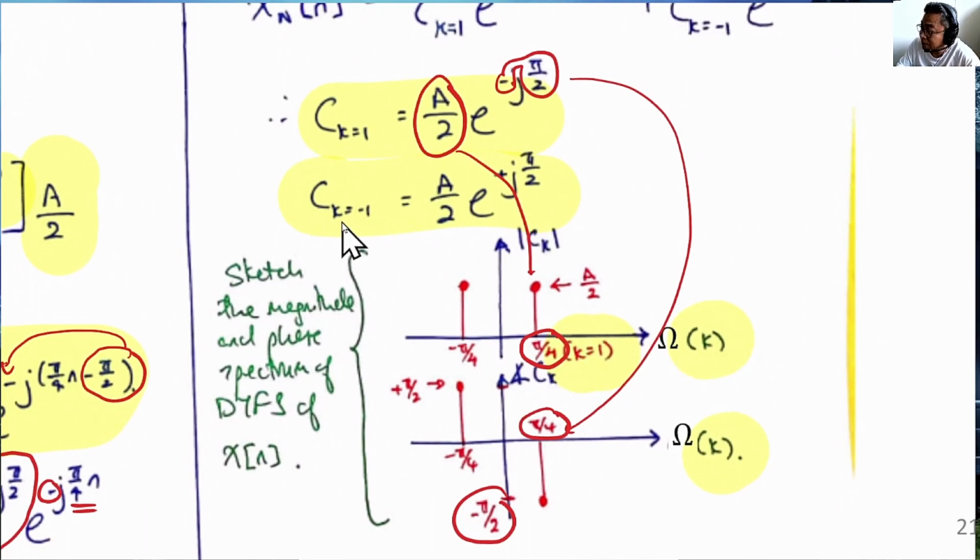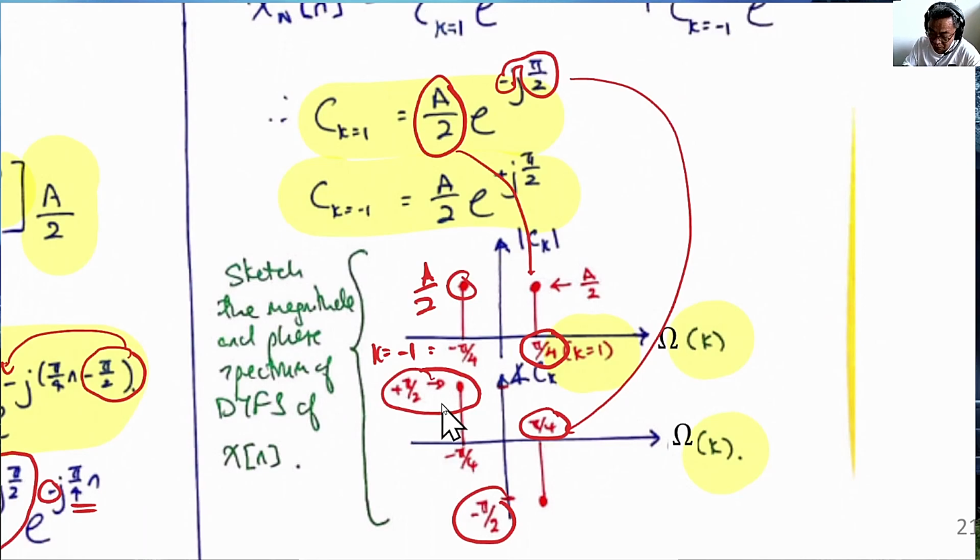Now what about k equals minus 1? So we swing to the left hand side, but this is the negative frequency. So it's at minus pi over 4. We call it k equals minus 1. And we have the same amplitude, A over 2. However, the phase is plus pi over 2.